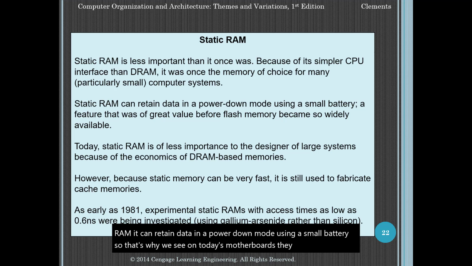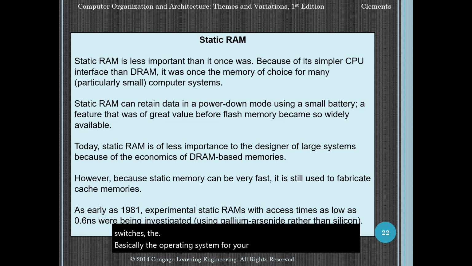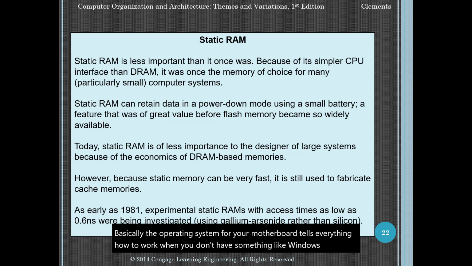Your motherboard has the BIOS, which is basically the operating system for your motherboard, telling everything how to work when you don't have something like Windows installed. It retains that memory in static RAM by using the power of that little battery.